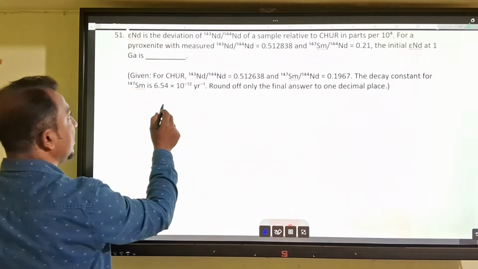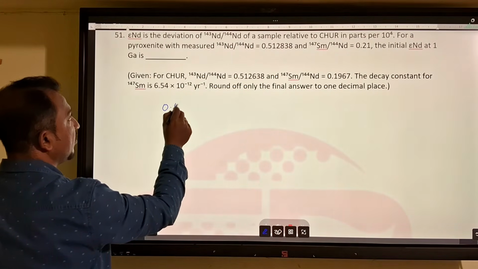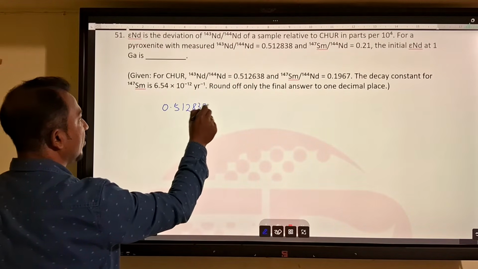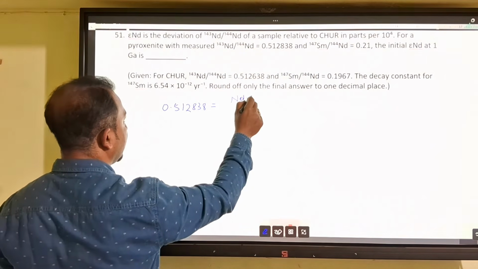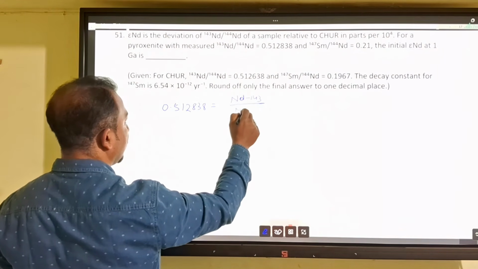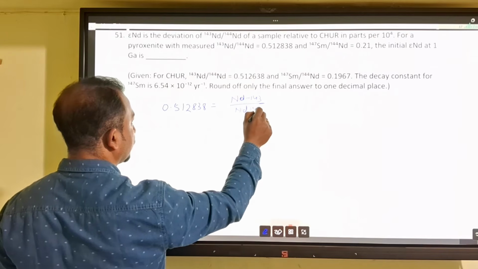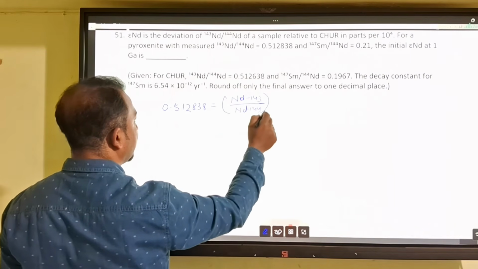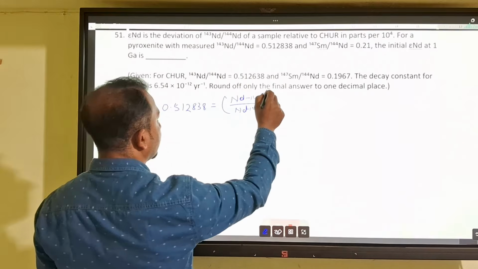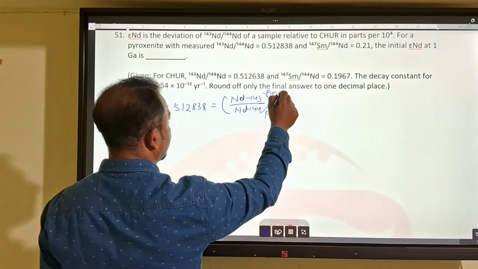So the present value is 0.512838, and we have to calculate Nd 143 divided by Nd 144 at present for pyroxene.